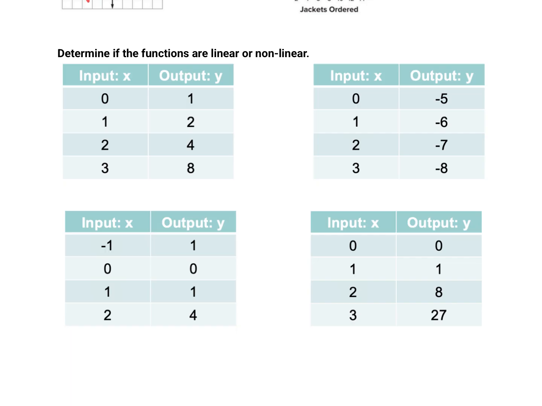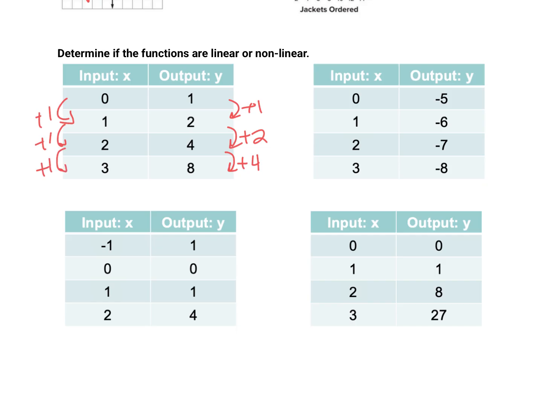So here, if we look at our y column, we would be adding 1 from 1 to 2. Okay, but then when I go from 2 to 4, now I'm adding 2. And then when I go from 4 to 8, now I'm adding 4. Okay, along that left side, each way I am adding 1 as we go from each number to the next.